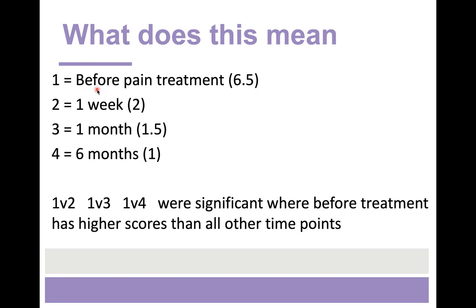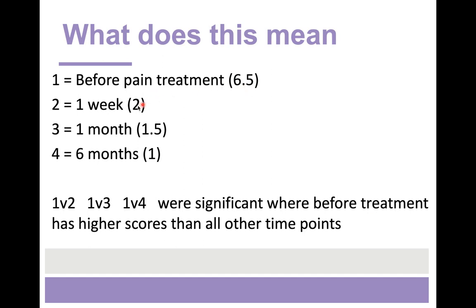What was significant was before treatment compared to every other time point. Each of those comparisons was significant. So what this means is that before treatment had higher pain scores, right? The mean is higher.